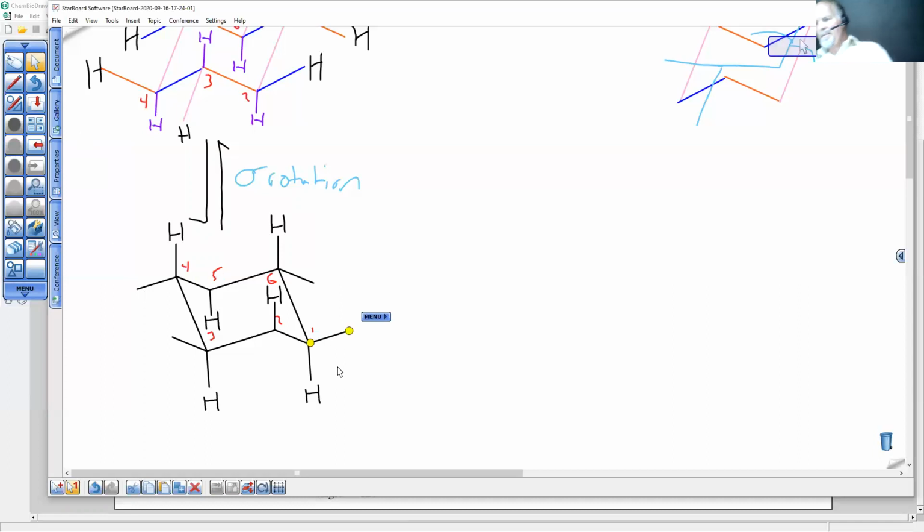All right. And how about this one? Now, you know it's not going to be straight up or straight down, right? Because you already did axial, and that was straight up. I'll put H's on the end of these in a second. You know it has to be down, but is it down to the left or down to the right? Well, if it's going to be parallel, it can't be down to the left because that won't be parallel to this. It's going to be down to the right. Here we go.